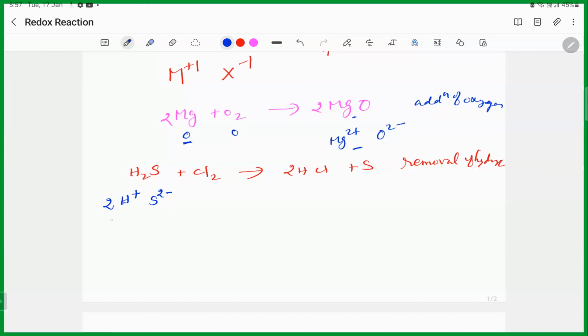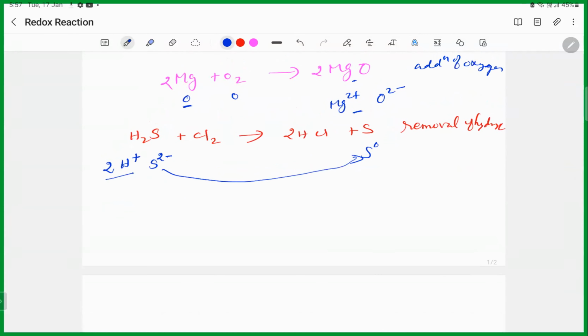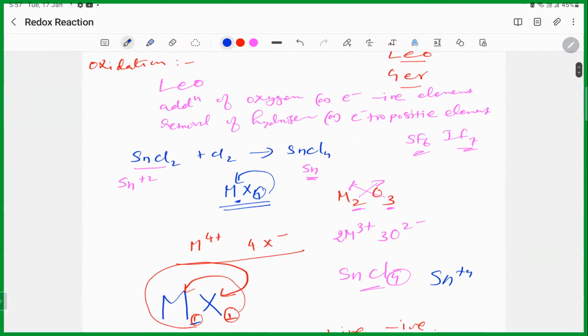When you remove the H+, it becomes sulfur, S0. So the oxidation state increases from -2 to 0. That's why it is called removal of hydrogen, and that is called oxidation. And then addition of electronegative element.